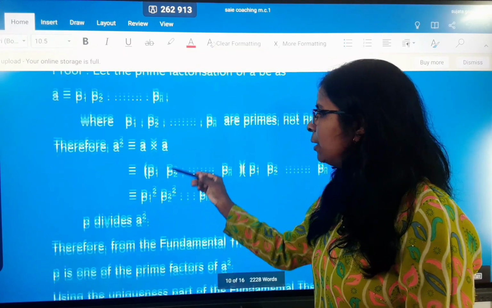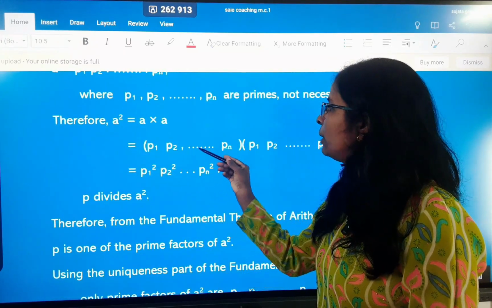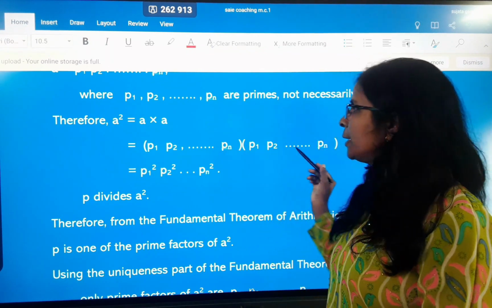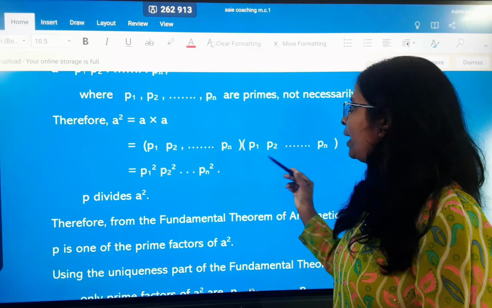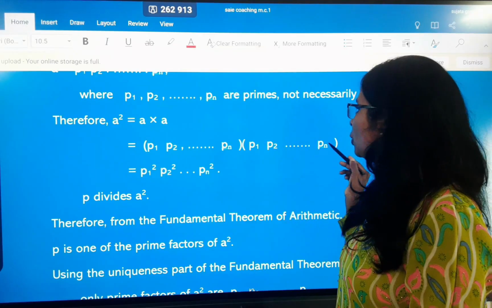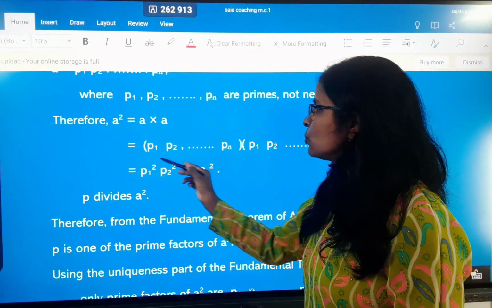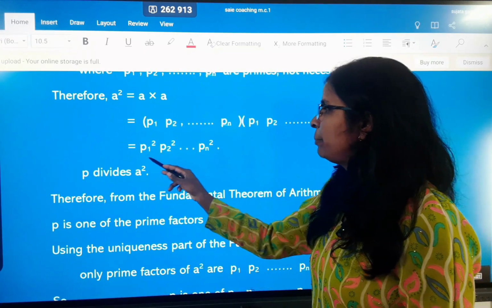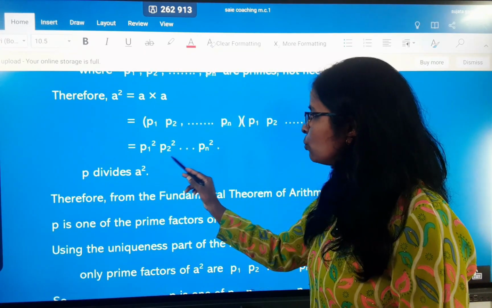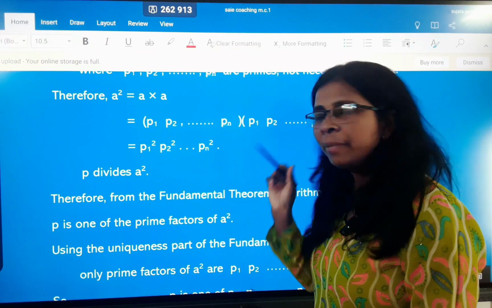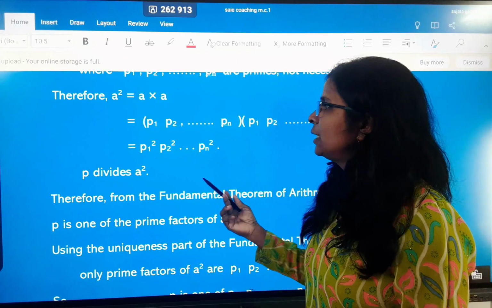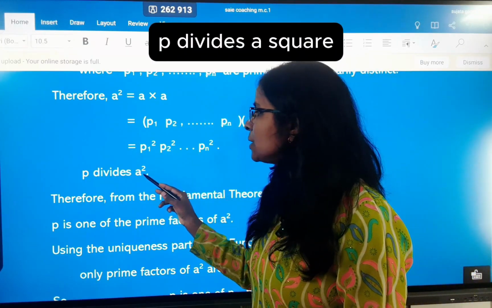So we get p1 multiply p2 multiply dot dot dot pn in the first bracket, and in the second bracket we substitute the value of a, that is p1 p2 dot dot dot pn. Now squaring this, we get p1 square p2 square dot dot dot pn square.